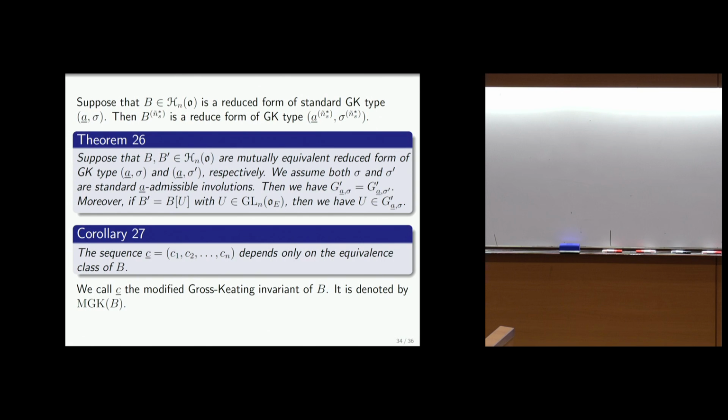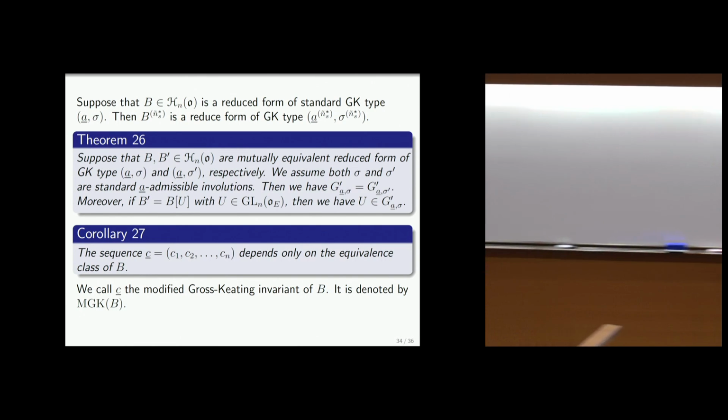Assume that σ and σ' are standard admissible involutions. Then we can show that these groups are the same, and if B' is equal to B^U with a unimodular matrix U, then U should belong to G'(A, σ).